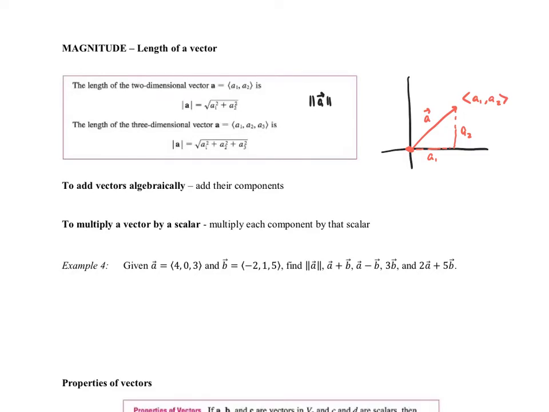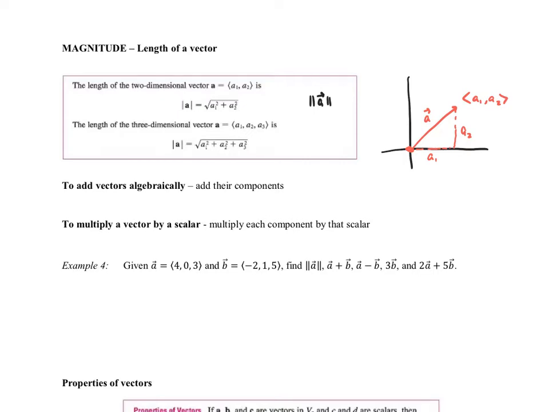That's really all it is. It's just the run, the A sub 1, the horizontal, and then the A sub 2, the rise. So the length of a vector is the distance formula that we had studied in section 9.1. But if you have that position vector where the origin is the initial point, that simplifies down the whole process.